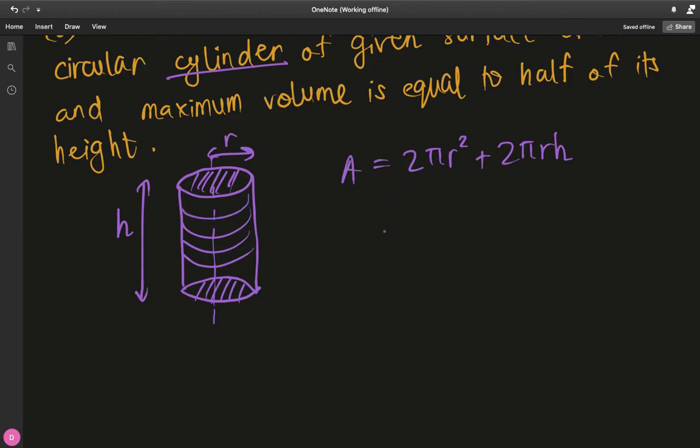Okay, and we can do some simplifications here. So h will turn out to be A over 2 pi r minus r.